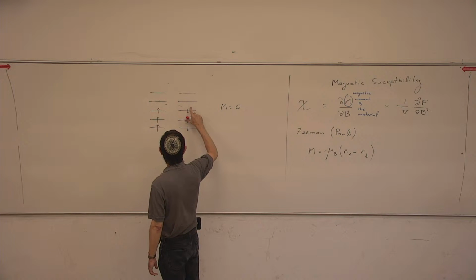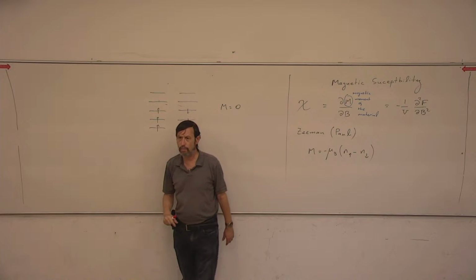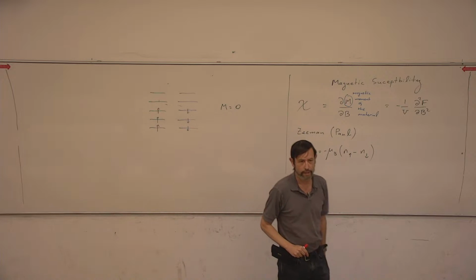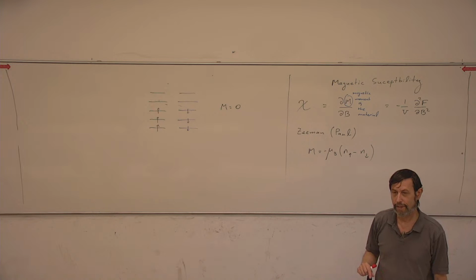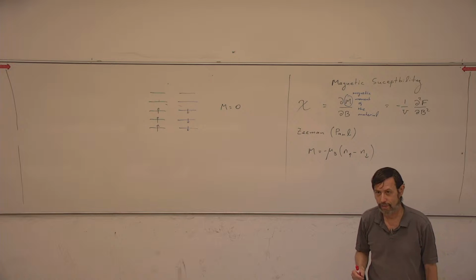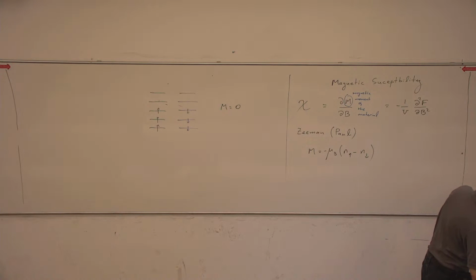Actually, it's interesting that in atomic physics you can get a permanent magnetic field, which is known as Hund's effect. From where does that stem?